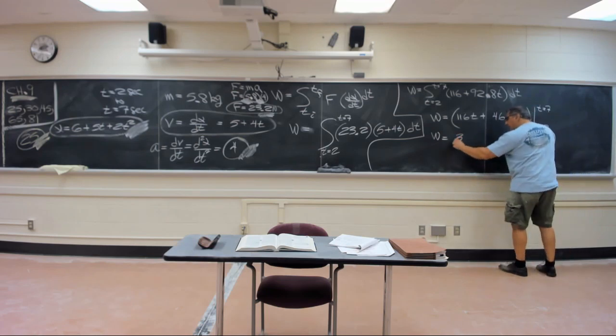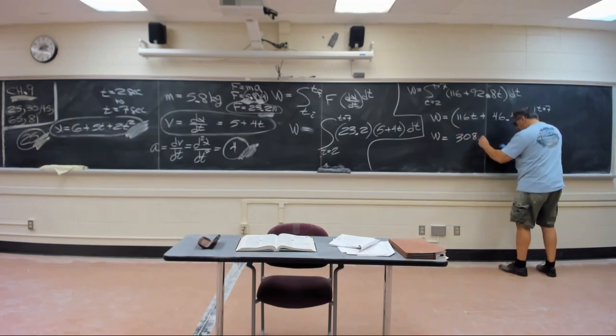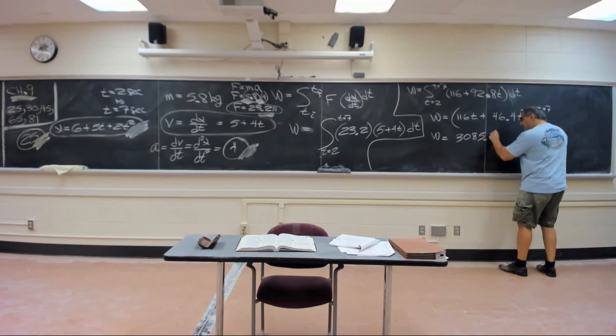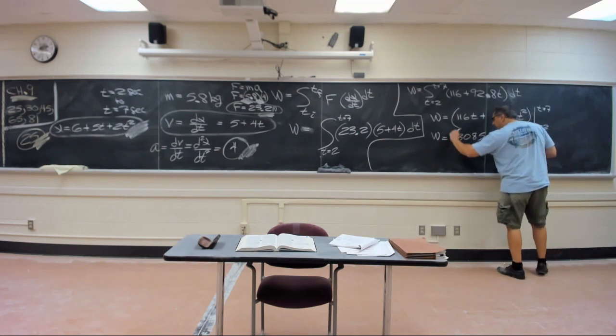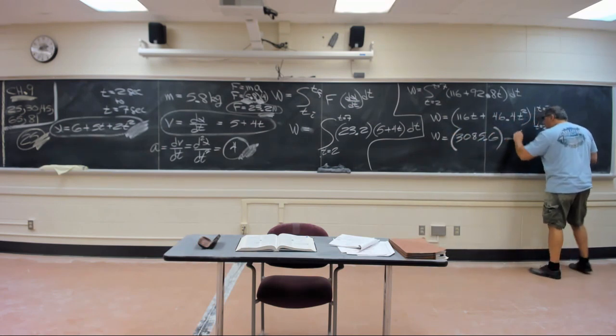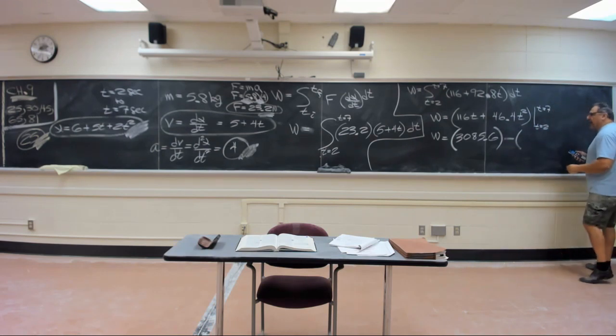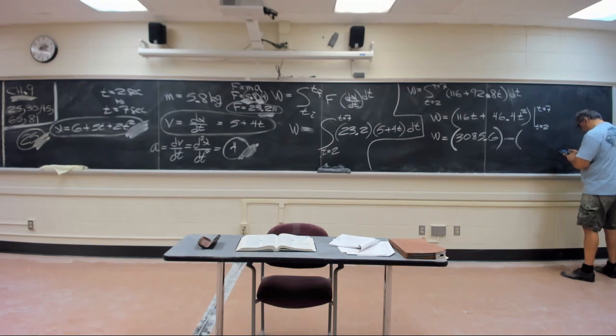Okay, so it's 3,085.6 for the first one, when you put the 7 in there, minus, put the 2 in there, plus 4 times this, because you square the 2, you get 4. 46.4.